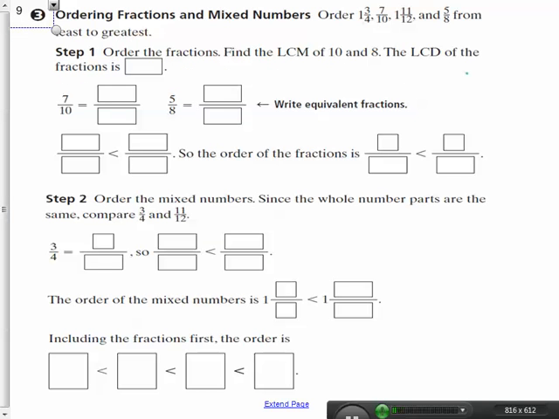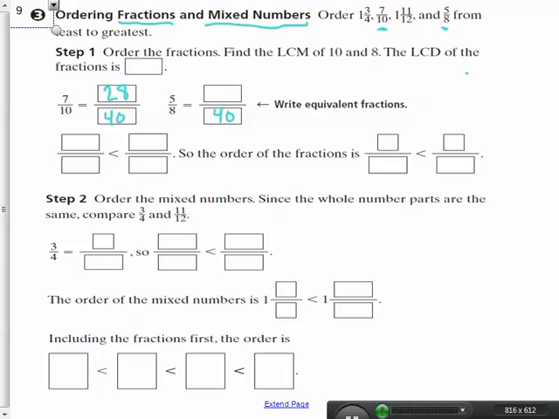All right. So now we're going to be looking at fractions and mixed numbers. So the first thing I'm going to do is see, do I only have fractions? I do. 7/10 and 5/8. So that's the first thing we're going to compare, my fractions only. So again, 7/10 and 5/8, I feel like we just did this problem.